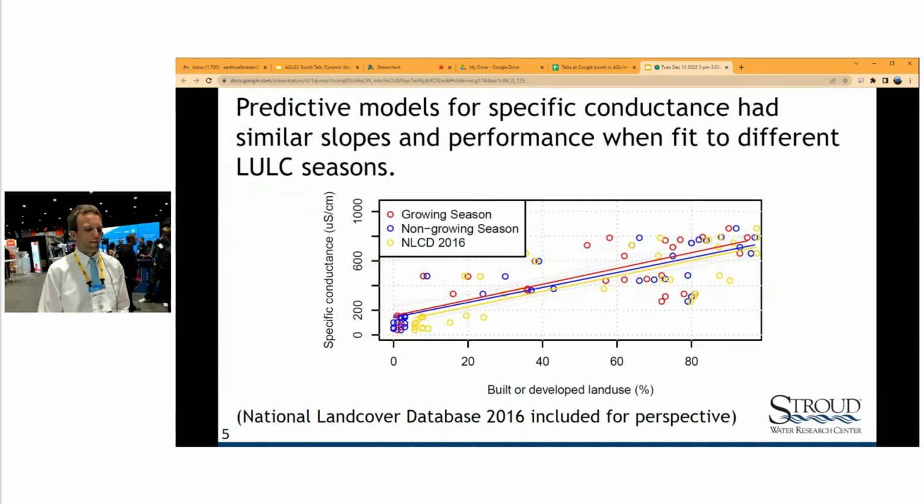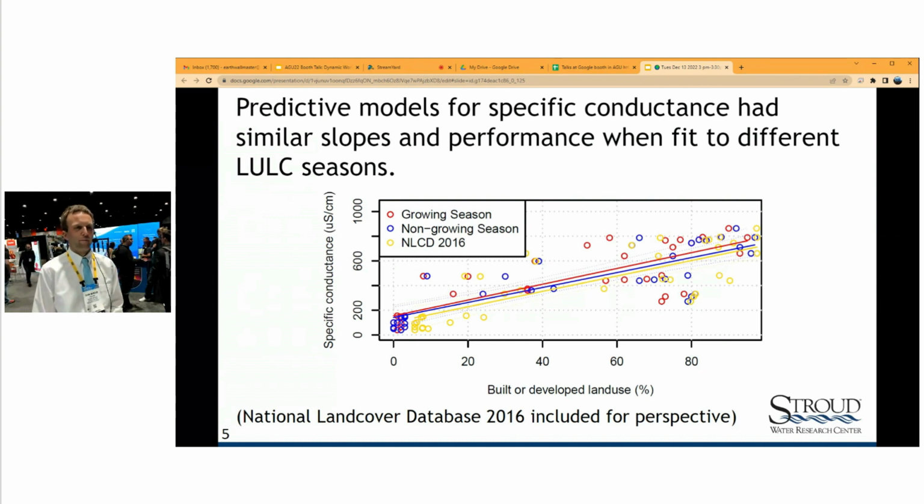So for our first case, our regression models for specific conductance, with urban land use or land cover on the x-axis and specific conductance, an indicator of overall water quality, on the y-axis, we found that when we fit these models with either growing season or non-growing season data from Dynamic World, or another data set like the National Land Cover Database for perspective, all the models somewhat comparably predicted specific conductance from land cover with similar slopes and performances.